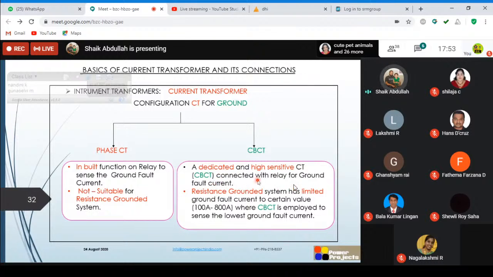It is going to sense the ground fault current where my system is earth resistance grounded. The fault current is limited from 100 amp to 800 amp. This 100 amp to 800 amp is based on the rotating devices present in your system.